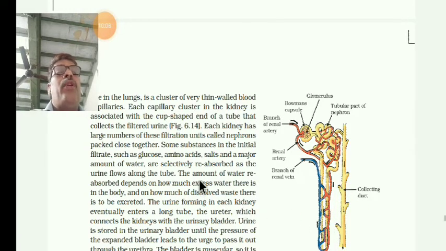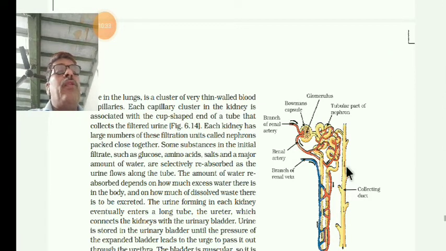The amount of water reabsorbed depends upon how much excess water is in the body, how much dissolved waste there is to be excreted. The urine forming in each kidney eventually enters a long tube.